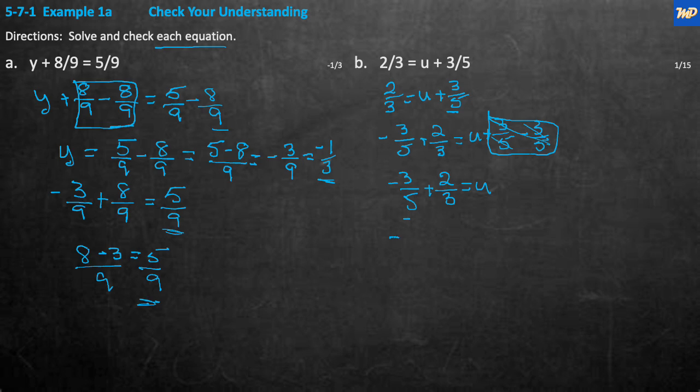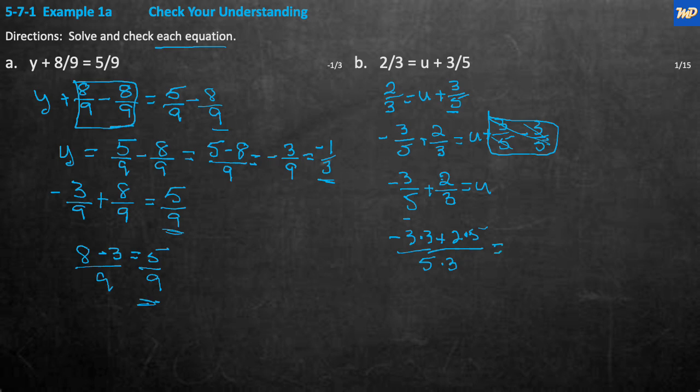So it's going to be minus 3 times 3 over 5 times 3, and then plus 2 times 5. 5 times the 2, 2 times 5, 3 times the 3, negative, okay? And that's the 15 on the bottom, 5 times 3.